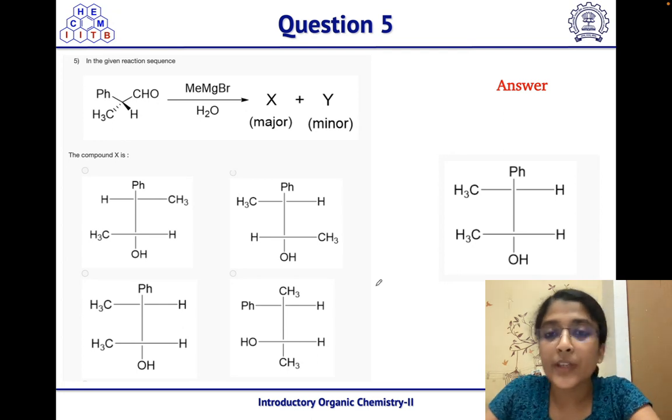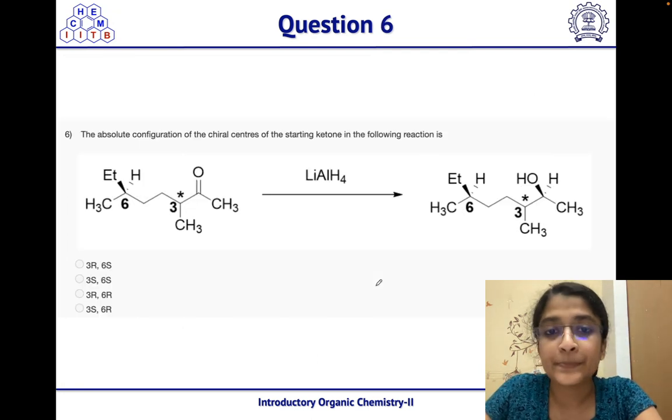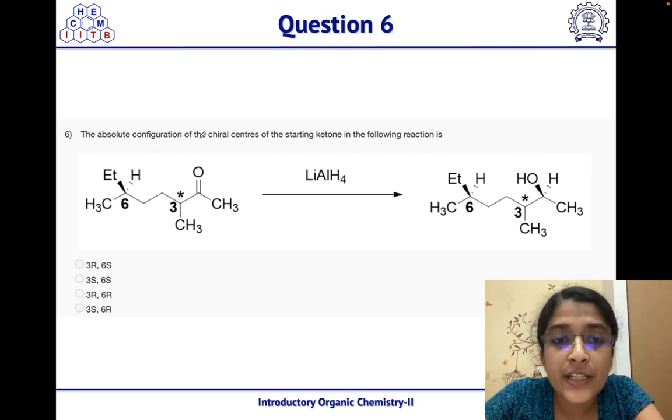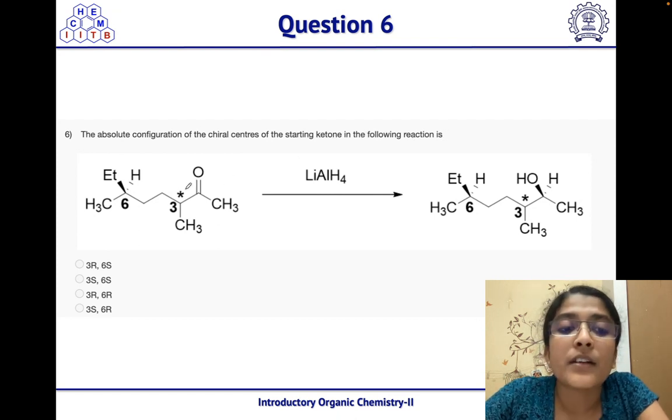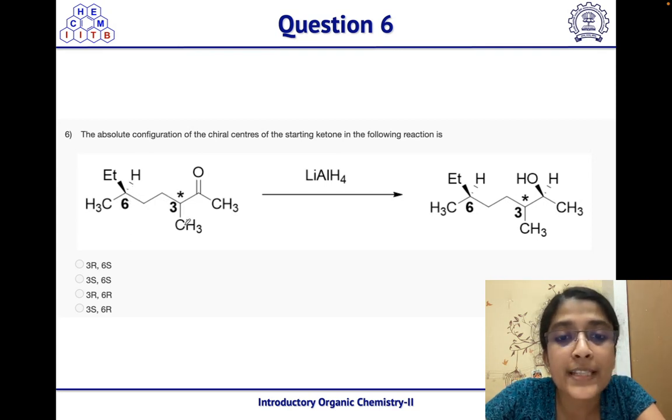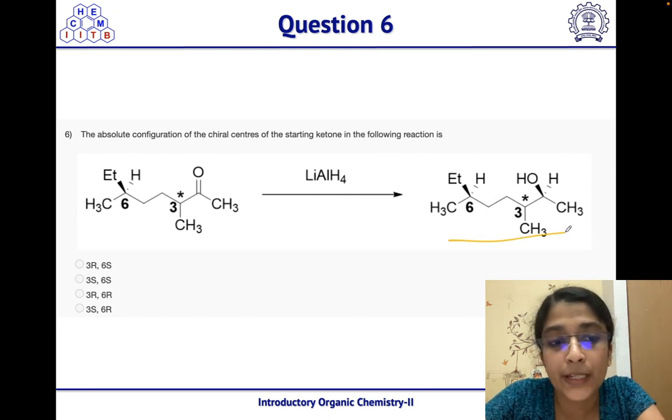Okay. Now we can move to question number 6. There they have asked the absolute configuration of the chiral centers of starting ketone in the following reaction. And they are asked for the R and S configuration at the center 6 and center 3 of this ketone, and they have given this is the product they have obtained.